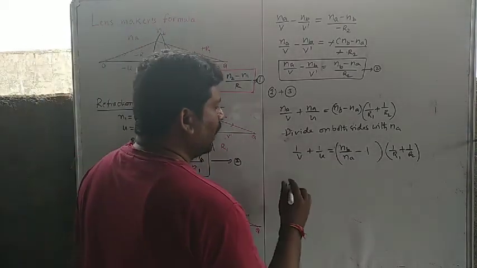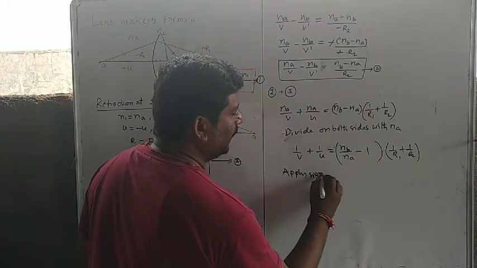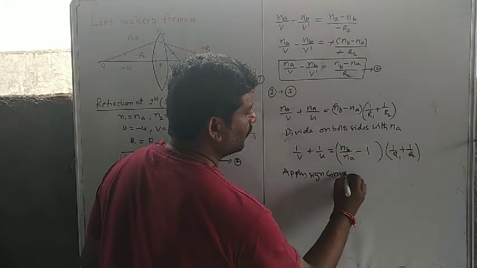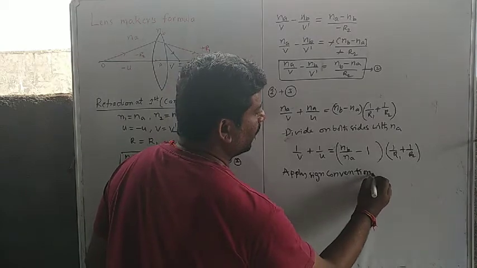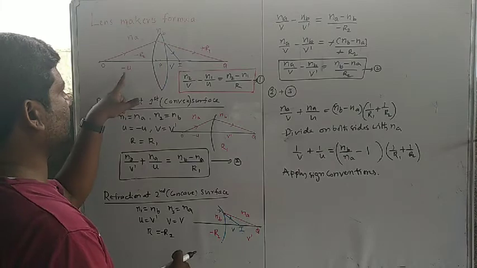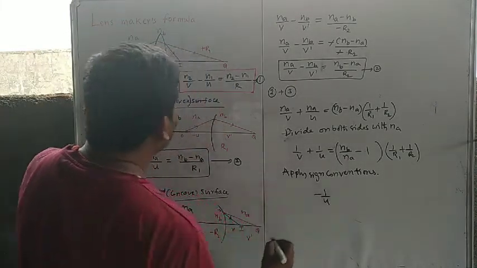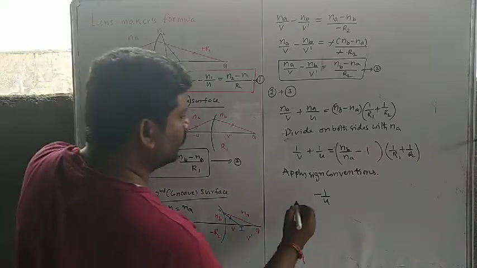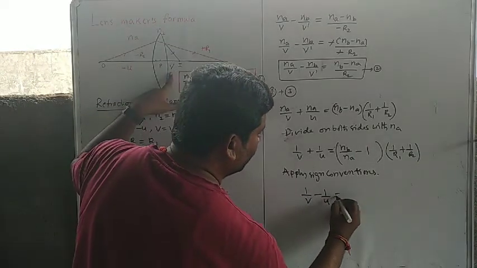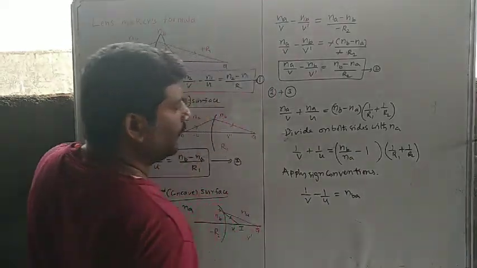Next, applying sign convention rules. Applying sign conventions to the first diagram. The object distance should be taken as minus U, that is minus 1 by U, and the image distance should be taken as positive, that is 1 by V, and here we can write NB by NA as NBA.